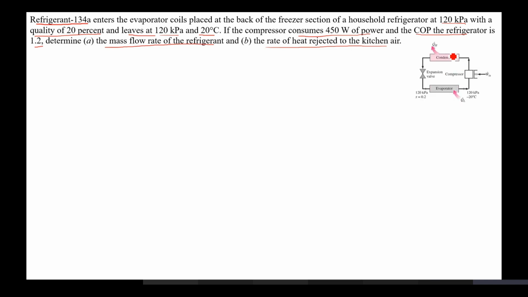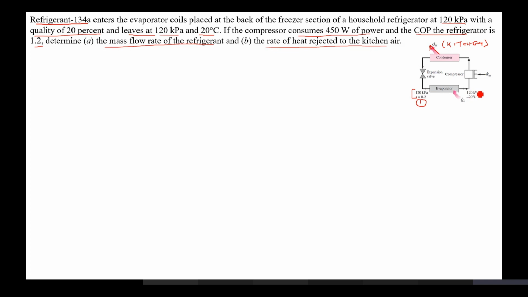You have a condenser, again the four components, which is rejecting heat Q dot H to the kitchen. This is the high temperature reservoir. The expansion valve, which is acting as a pressure and temperature reducer. Then you have the refrigerant entering into the evaporator at this condition. This is state 1.